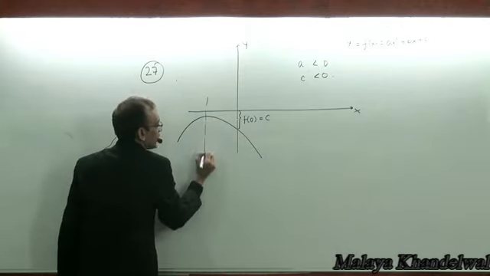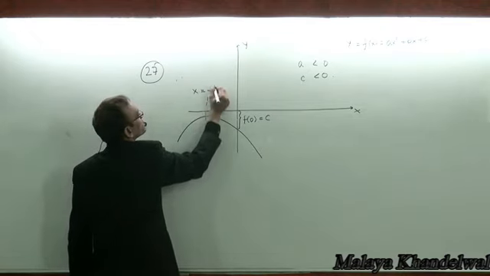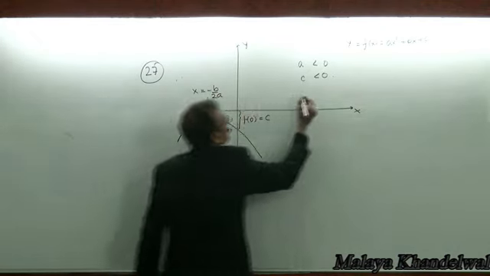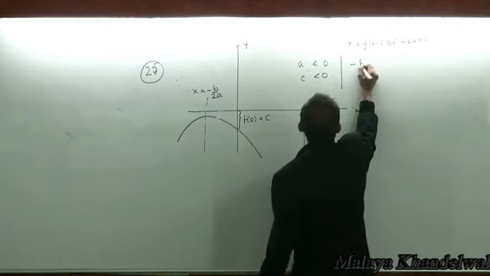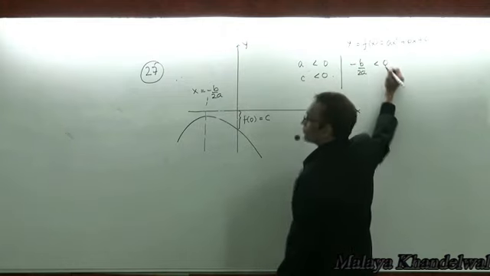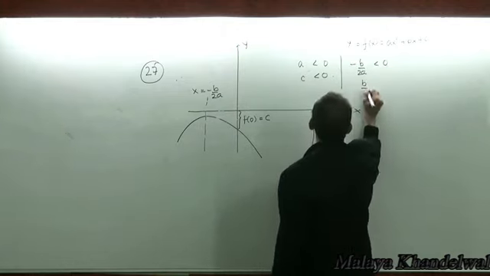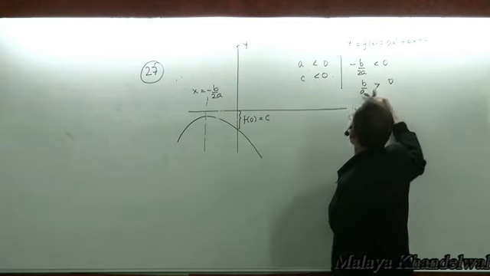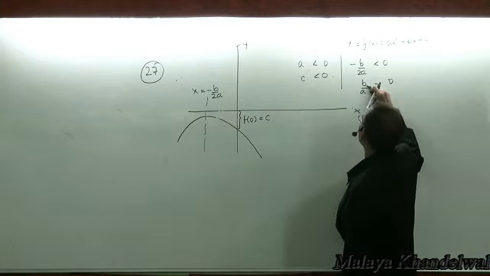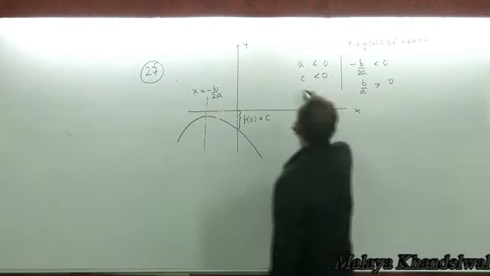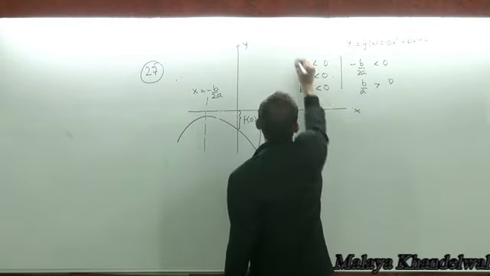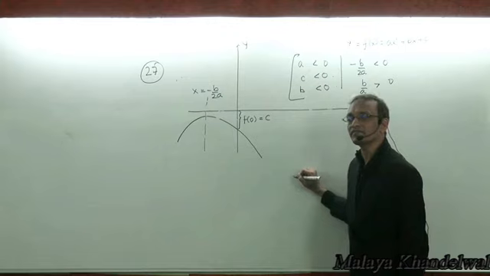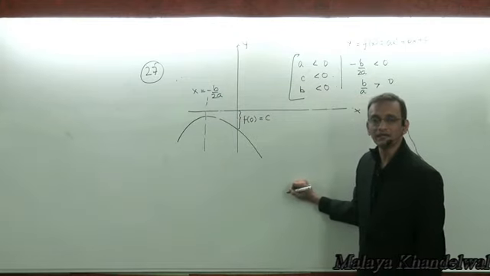This is the line of symmetry, x equal to minus b by 2a, and minus b by 2a is negative here. So b by a must be positive. If b by a is positive, a negative, so b must also be negative. So the product of ABC is negative. Again, the product of ABC is negative. Clear?